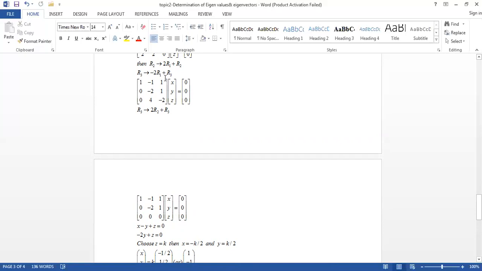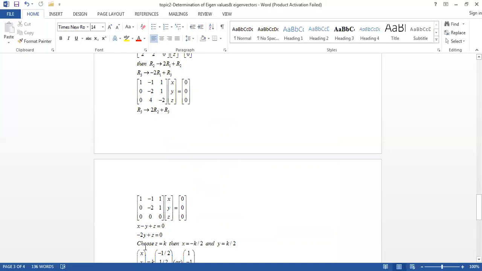In the second row we have a leading entry, so in the next row there must be a minimum of 2 zeros. For that, apply R3 becomes R3 plus 2R2. So we get (1, minus 1, 1), (0, minus 2, 1), (0, 0, 0).